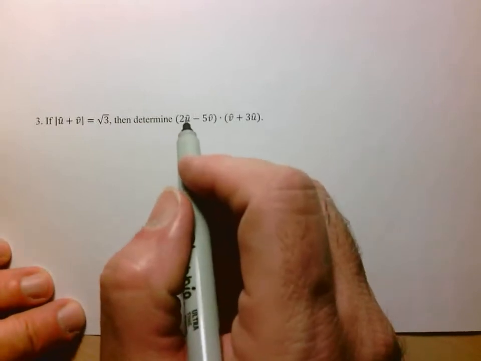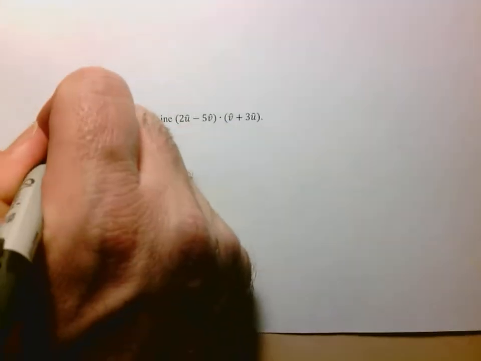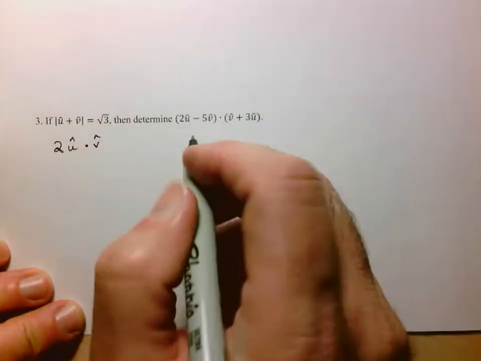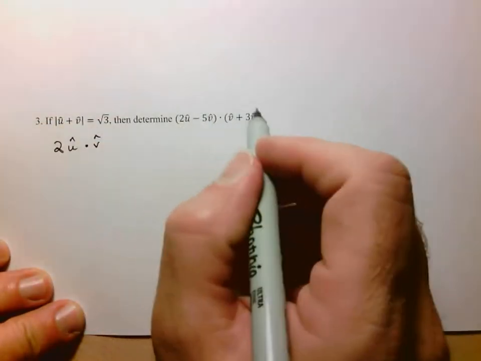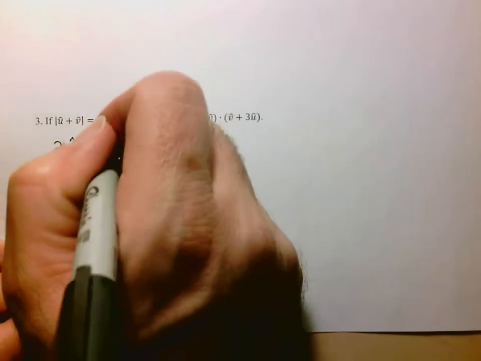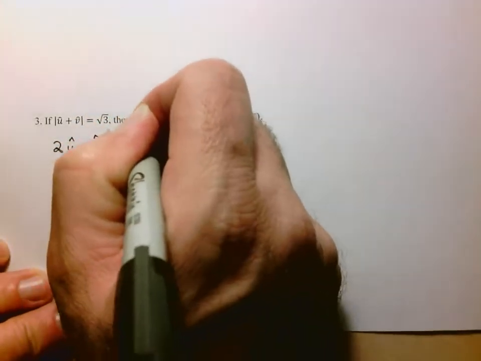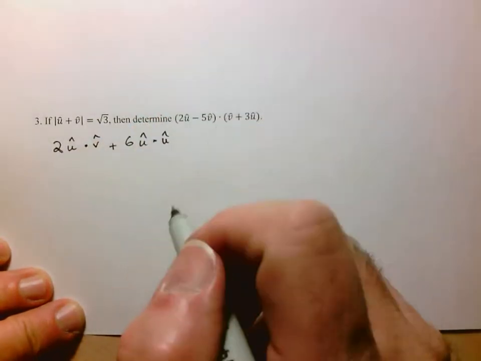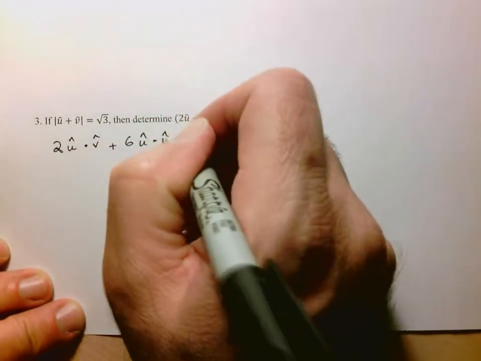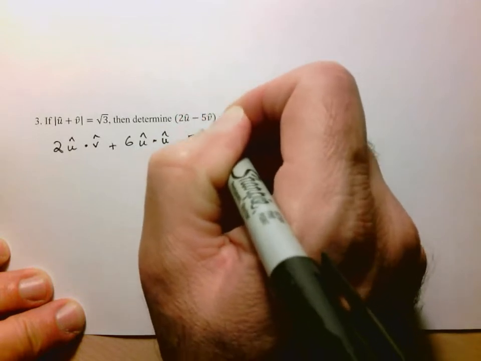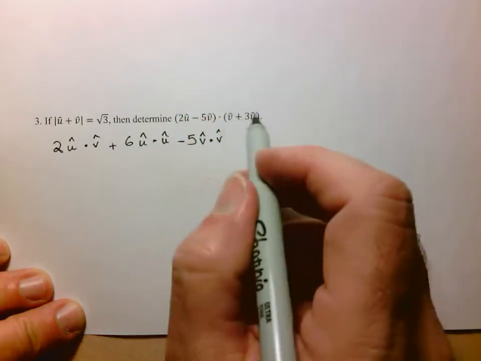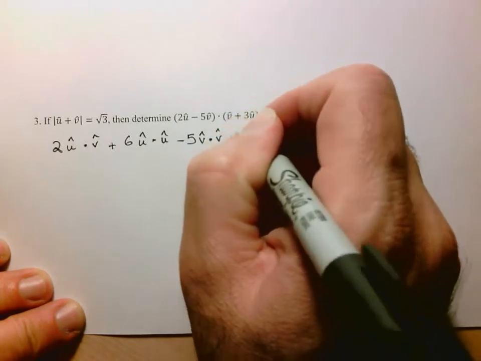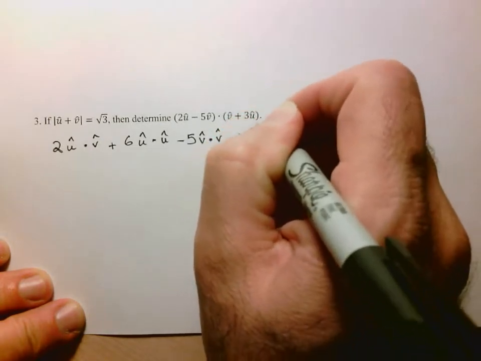So we have 2u dot v, and then we've got 2u dot 3u, so that's plus 6u dot u. Then here we've got negative 5v dot v, so minus 5v dot v. And lastly, these two vectors here, we have minus 15v dot u.